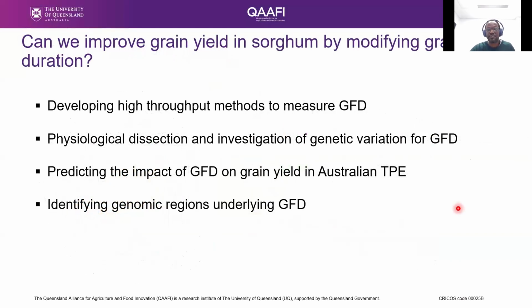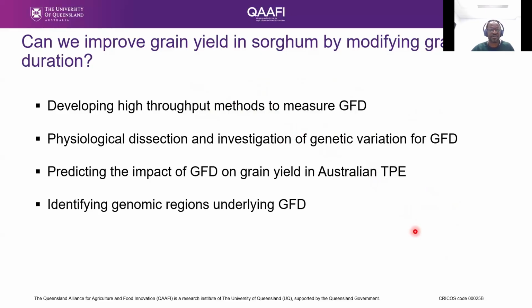So we had 4 main questions that we asked. Can we improve grain yield in sorghum by modifying the grain filling duration? And from literature, there are many ways that have been recorded to estimate grain filling. And we sought to see if we can develop a high throughput method to estimate grain filling duration, understanding that if we measure a trait well enough, then we can have the latitude to improve that trait, knowing the exploitable variation that is available.